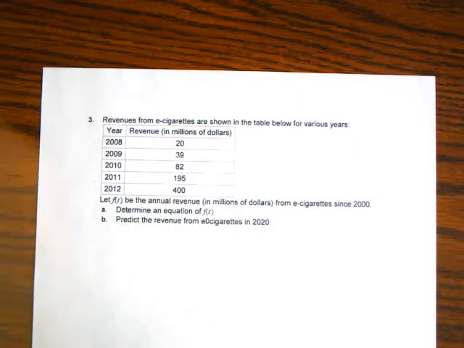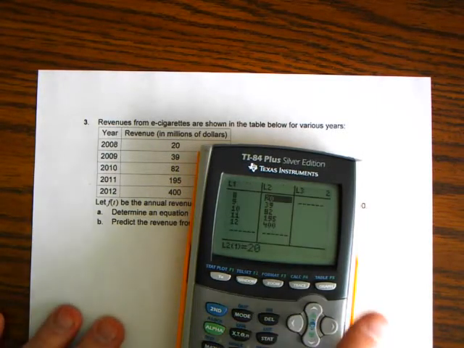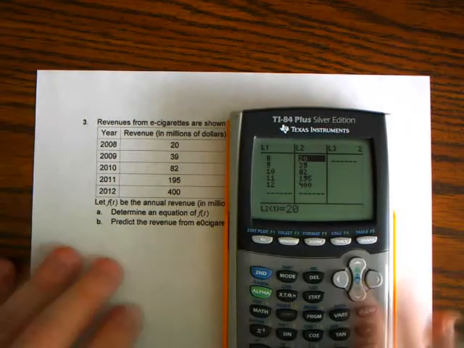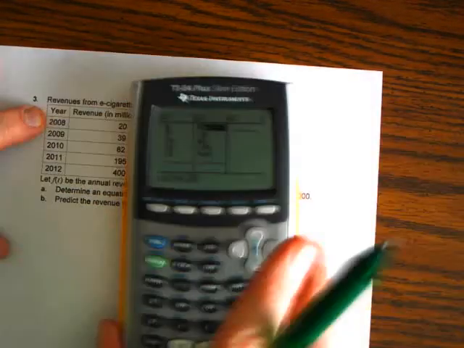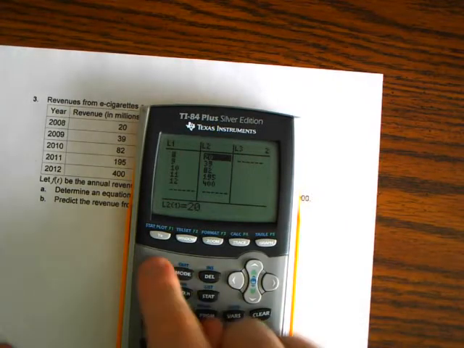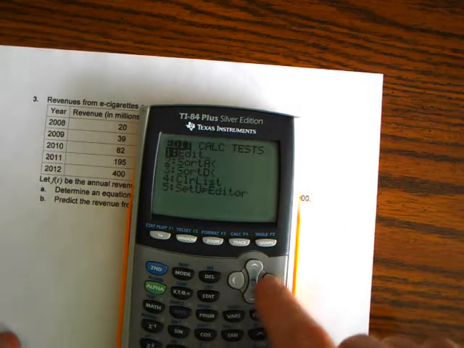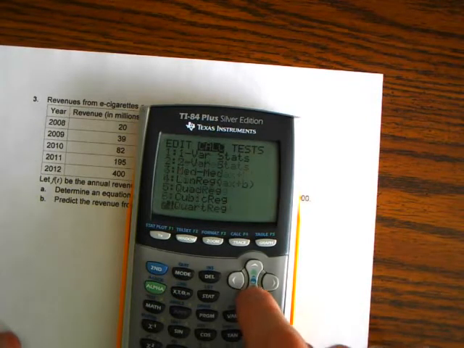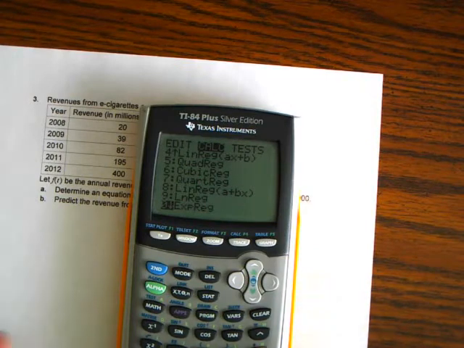So, to save a little time, I went ahead and I typed the data in. Notice it says that t is years since 2000, so this first one is 2008. So I typed in the data. Stat, calculate. We want that one, since we want an exponential equation.